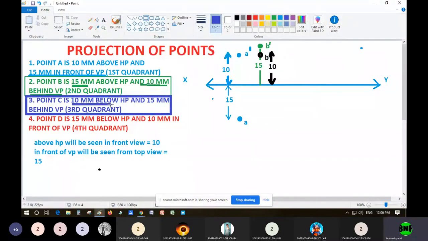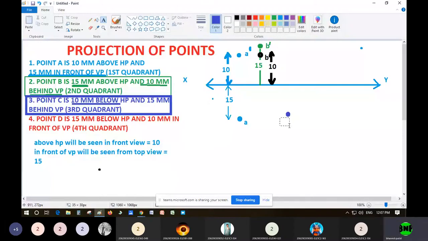See, above HP, we were drawing above the XY line. So now this is below HP, so it will definitely be seen below. What is the distance? The distance will be 10 mm below. So you have to draw it 10 mm below, my dear. I will draw here approximately, right, and give the name, C dash.